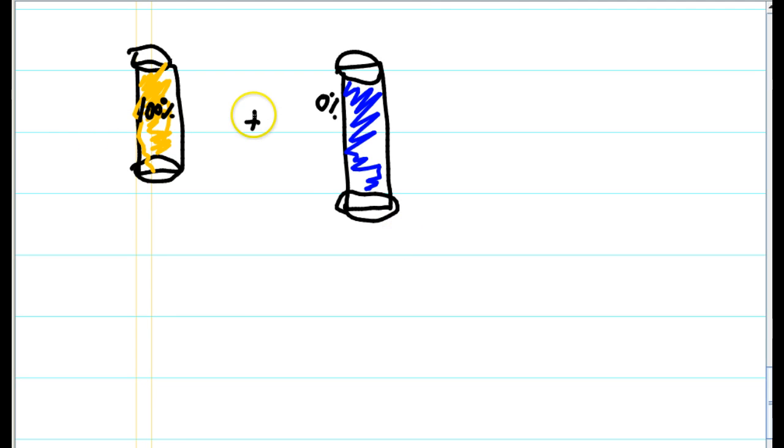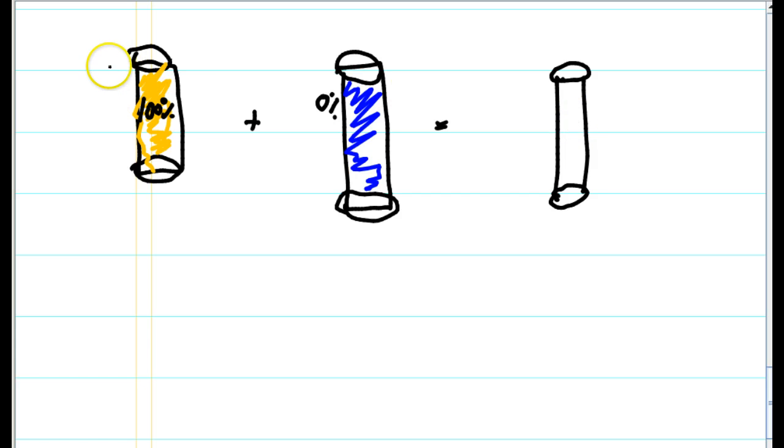And we add these together. What is the concentration going to be? How much orange juice, how much water will be in the final mixture? Half. 50-50. Now, here's one thing. Do we know how much of each we're pouring in?